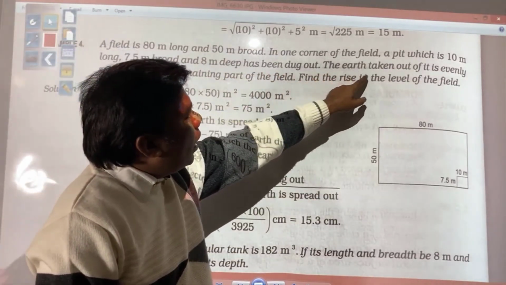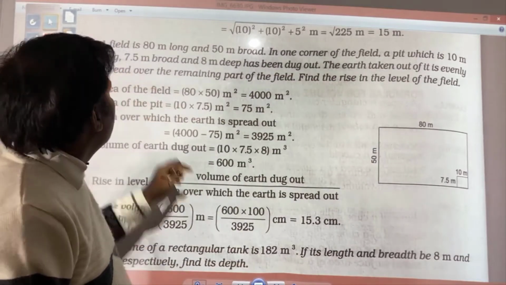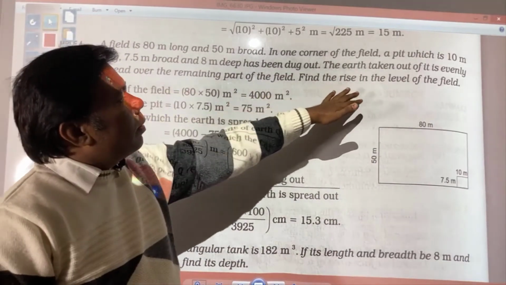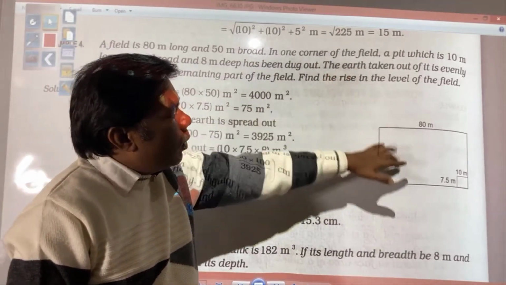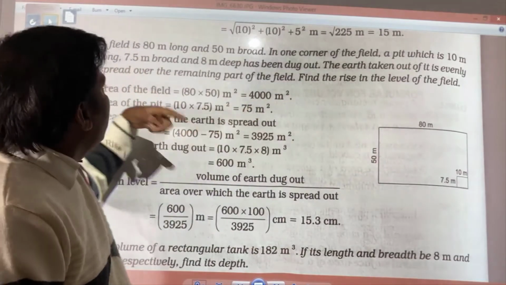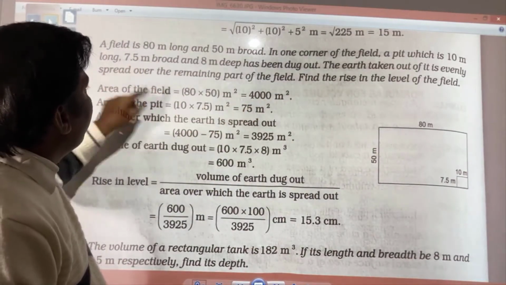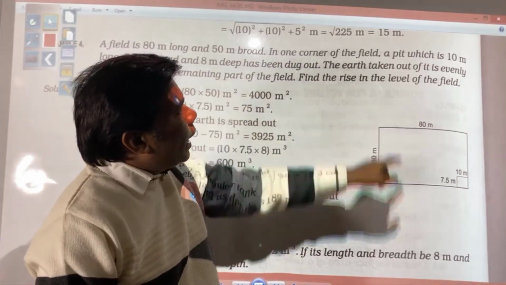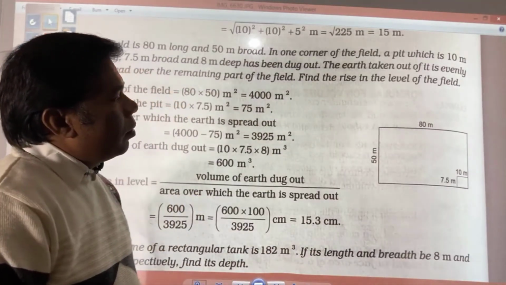The earth taken out of it, means the soil whatever has been taken out after digging, is evenly spread over the remaining part of the field. Find the rise in the level of the field.